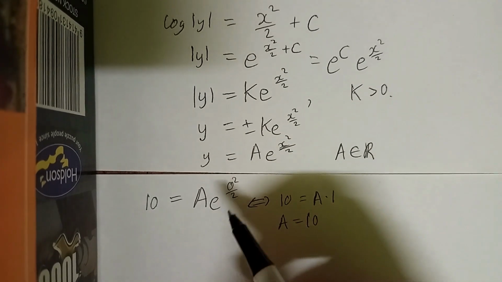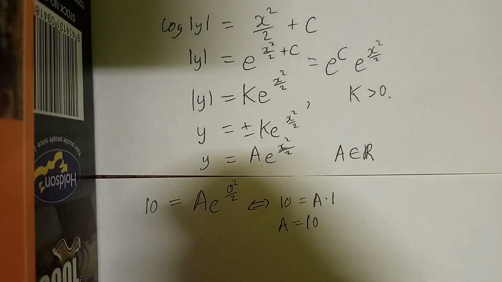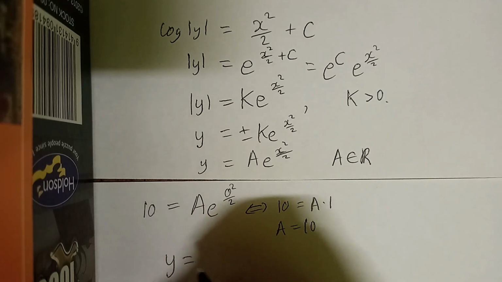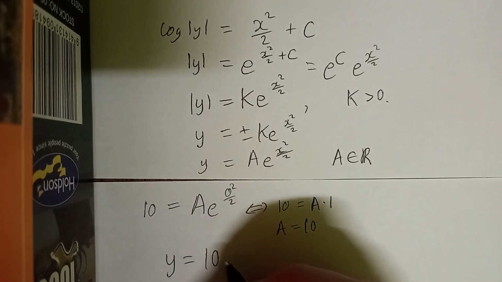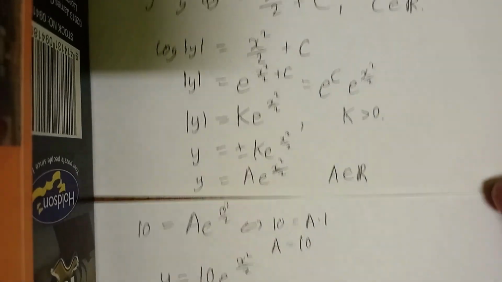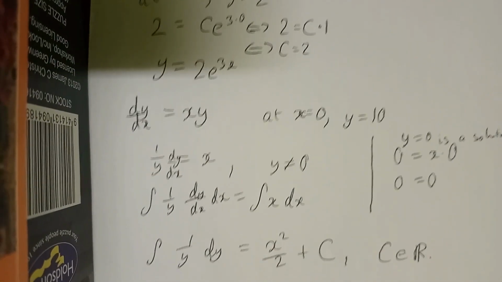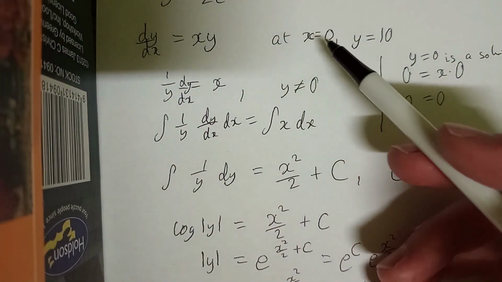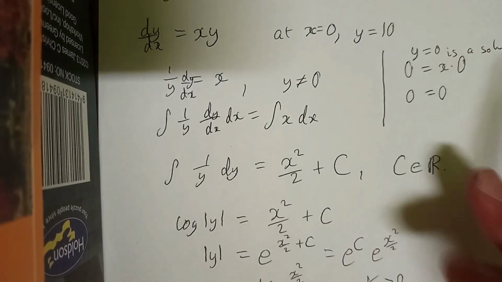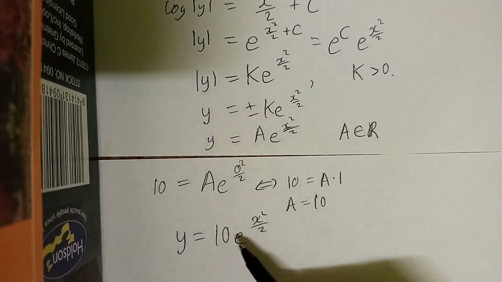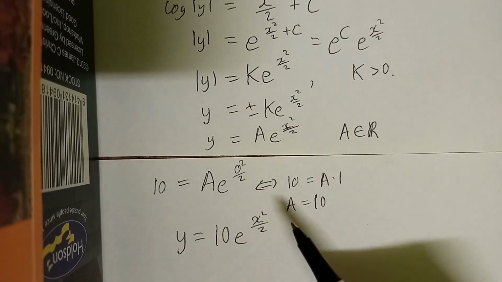It's the solution to the initial value problem, including both the differential equation and the initial condition. So the solution to that problem is y equals 10 e to the x squared over 2.